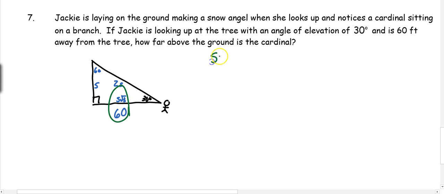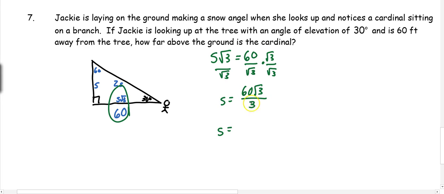So I'm going to set that equal to 60 to solve for S. So I'm going to divide by root 3 on both sides and rationalize. So S equals 60 root 3 over 3. When I reduce these numbers, I get 20 root 3, and the tree is my 20 root 3 side. So the cardinal is 20 root 3 feet above the ground.